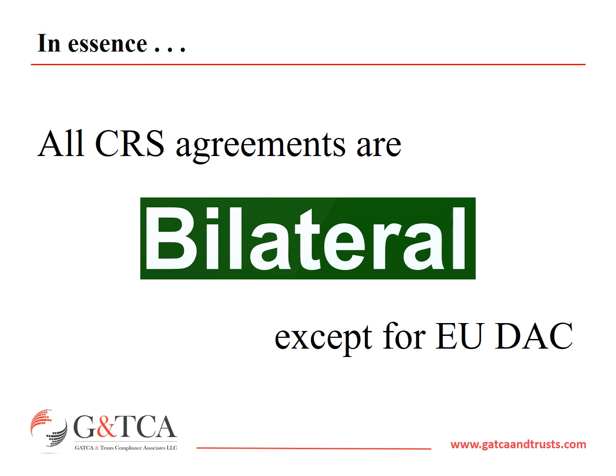Now, the one exception to all of this is the EU. The EU has the so-called Directive on Administrative Cooperation, or DAC. That document implements CRS EU-wide, and under the EU DAC, all EU countries are automatically obliged to exchange information with all other EU countries.